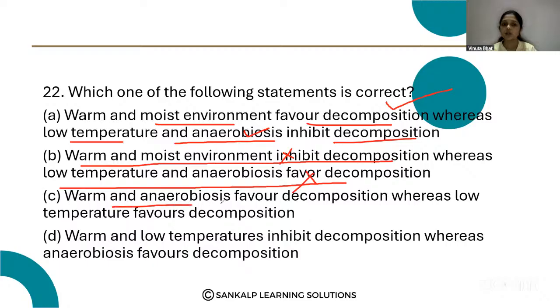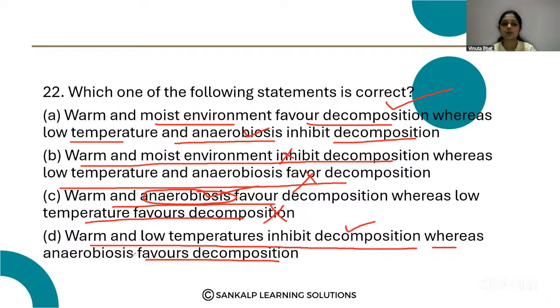Option C, warm and anaerobiosis favor. No. Anaerobiosis does not favor the decomposition, and low temperature inhibits the decomposition. So that is the wrong one. Option D, warm and low temperature inhibit the decomposition. Warm and low temperature, that does not inhibit the decomposition, whereas anaerobiosis favors the decomposition.